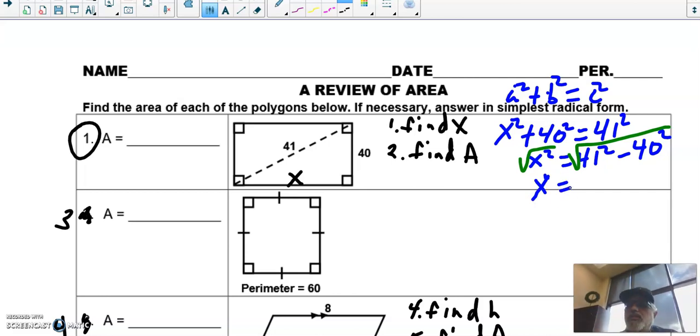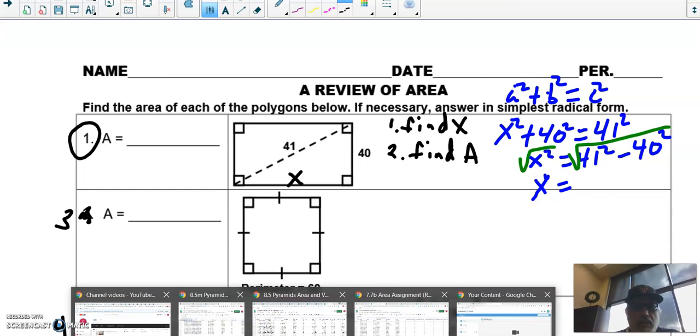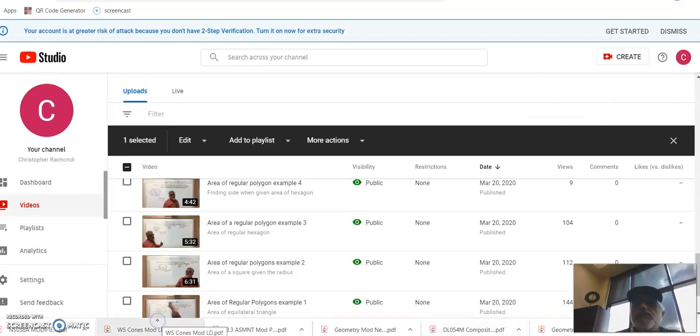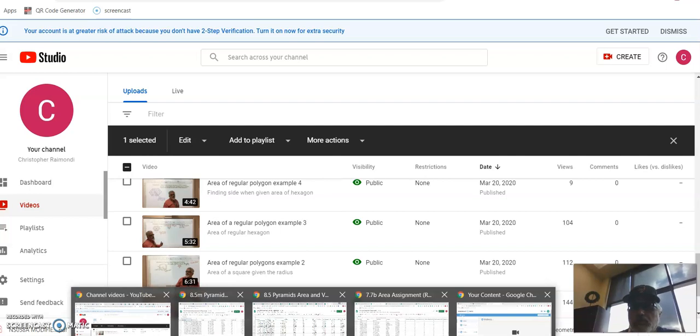So I'm going to go ahead and plug that square root part into my calculator. I'm going to switch to my Desmos.